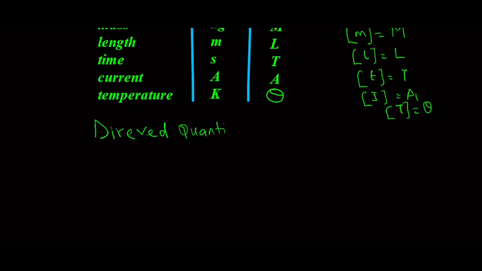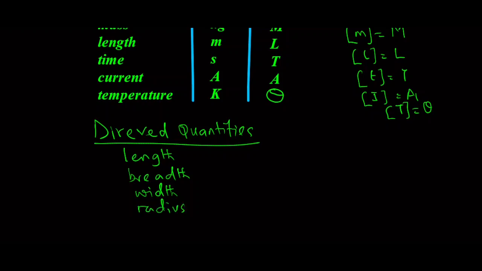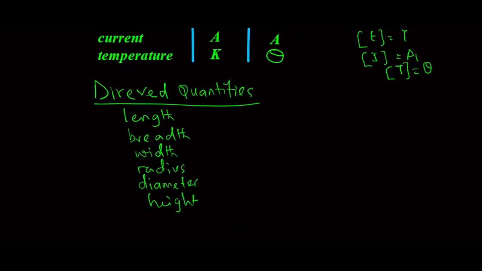The derived quantities and their dimensions. But before we analyze the derived quantities, let's talk about some important parameters. We have length, breadth, width, radius, diameter, and height. All these quantities have the same unit and dimension.